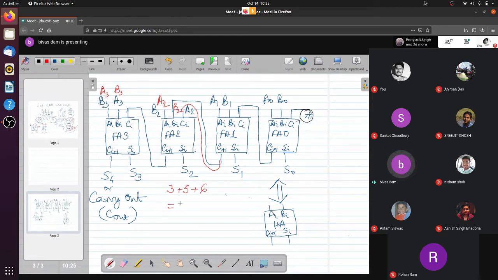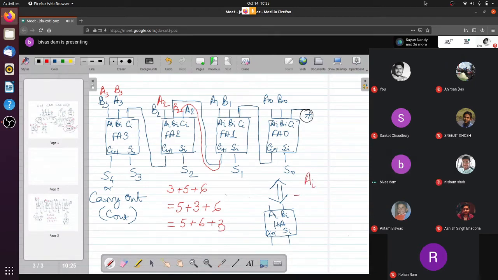Will the result be different if I go for 5 plus 3 plus 6, or if I go for 5 plus 6 plus 3? Will the result be different? No, sir.